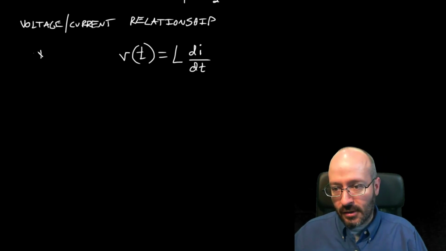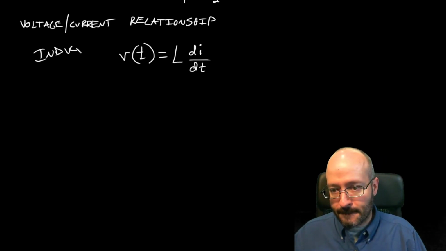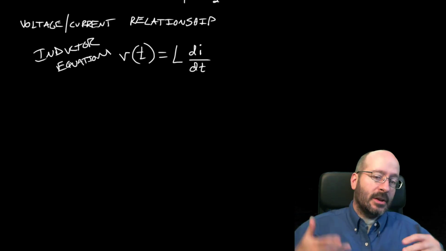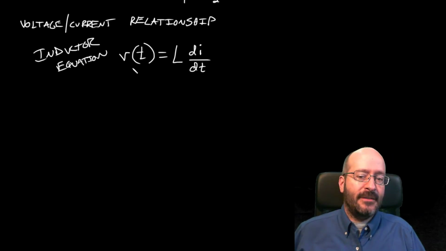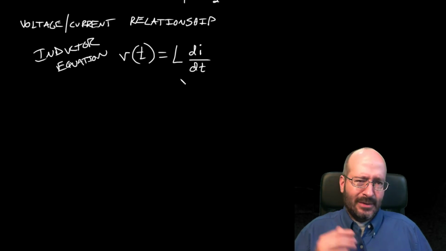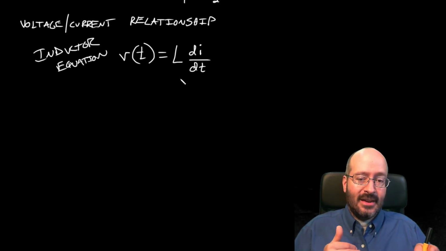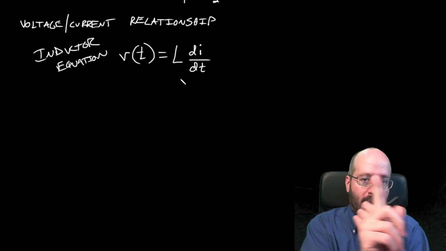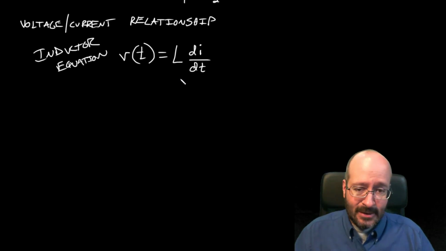This is what we call the inductor equation: v equals L di/dt. For the capacitor, it was i equals C dv/dt. So we're taking the voltage and the current and swapping places.